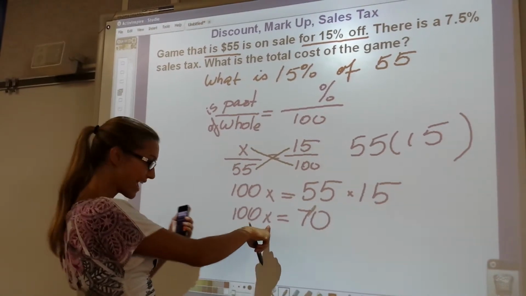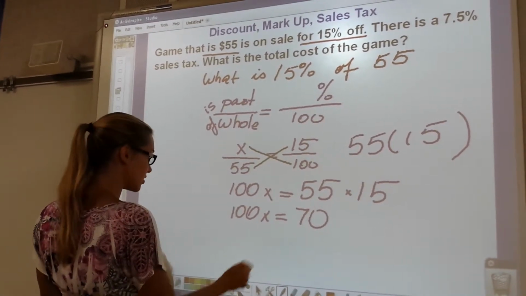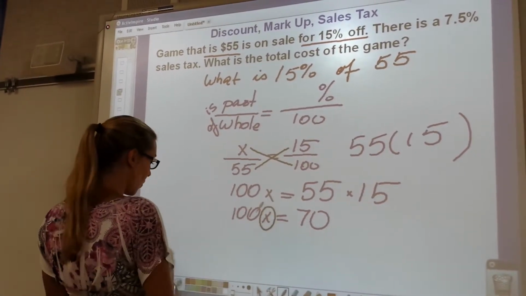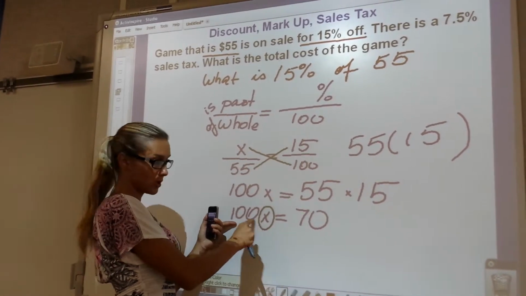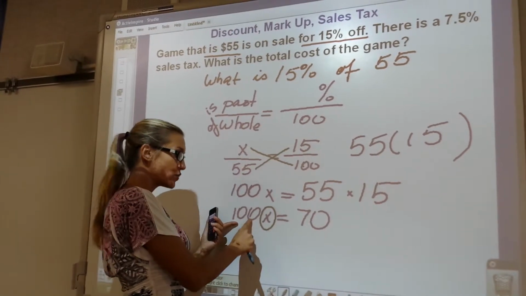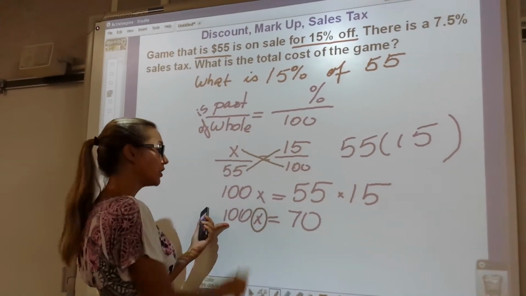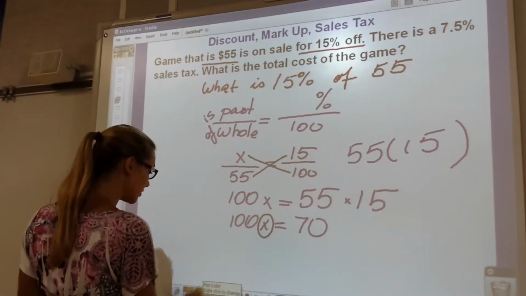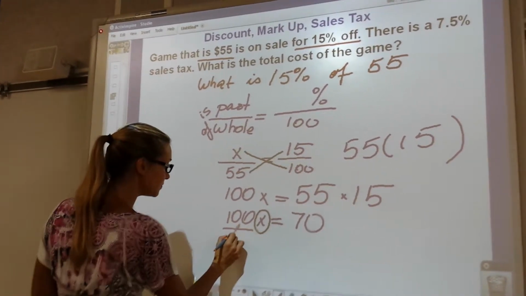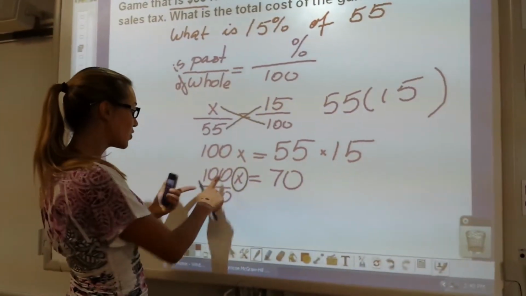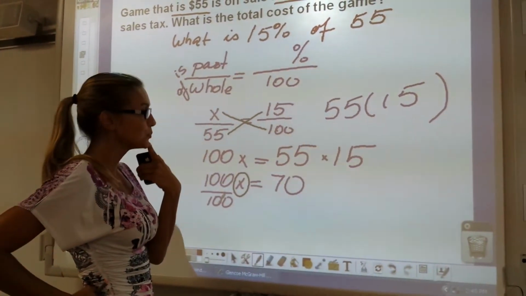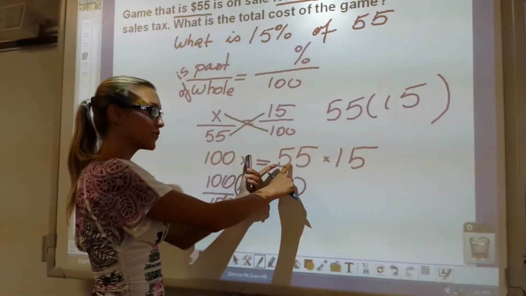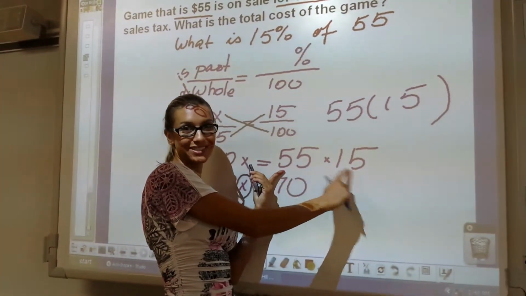I want to solve for x. I want to get rid of everything that is attached to the x. Well, in this case, there is only 100x, 100 times x. To undo multiplication, I do division. And so now I'm going to divide by the 100. You know what, now that I'm looking at that, what is 55 plus 15? 70.